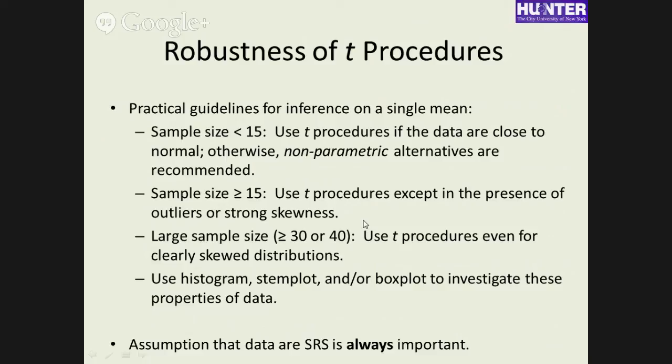If it's not totally normally distributed, you might still use them as long as the sample size is greater than 15. Even if you have very skewed distributions and outliers, you're still going to get a pretty good estimation from the t procedures as long as n is greater than about 30. Of course, the assumption that the data are a statistically random sample is always important. If that's not the case, then nothing can help you.